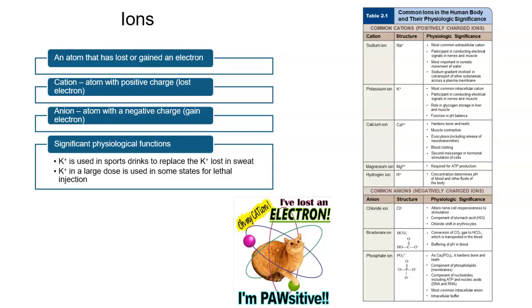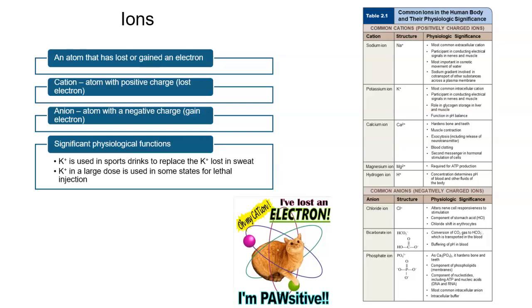So ions, the important thing here to think about, ions function as electrolytes. Electrolytes are simply substances that when they're dissolved in water, they can conduct an electrical current. Electrolytes. You're going to hear more about that later. All right, so if we're going to stay healthy, we have to balance our electrolytes as part of our homeostasis.